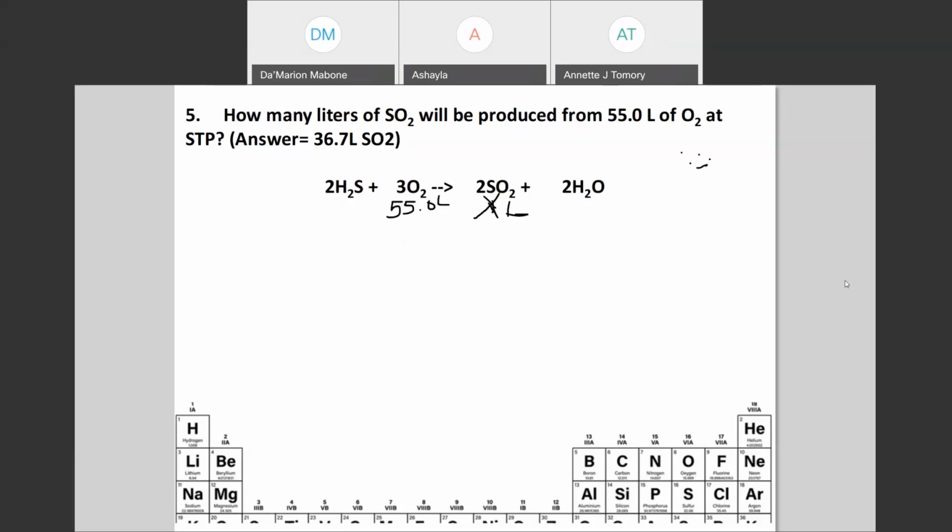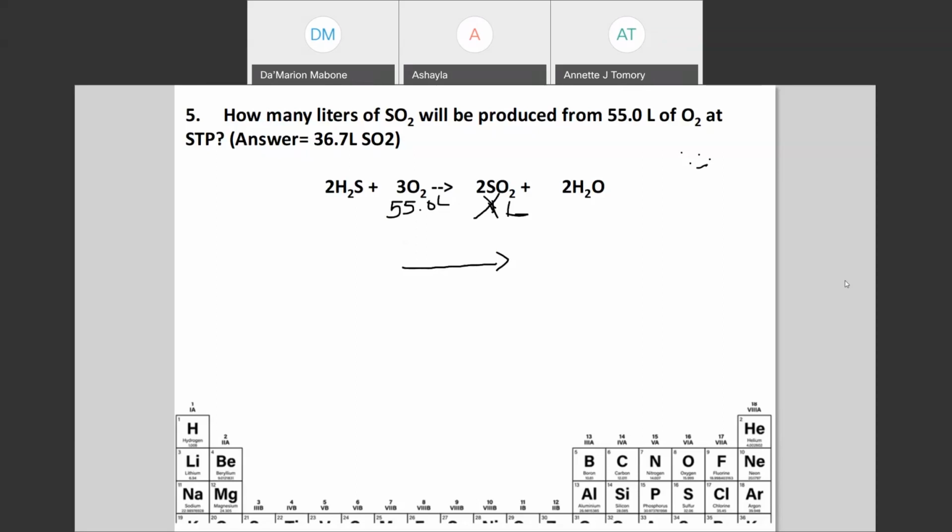What information is given to me? They had the 55. 55 of what? O2. What are they asking about? How many liters of SO2? So I am changing.